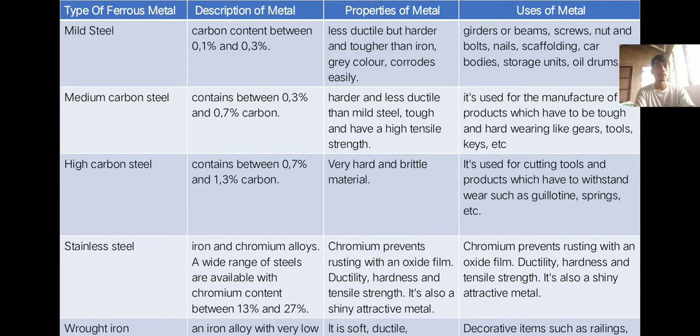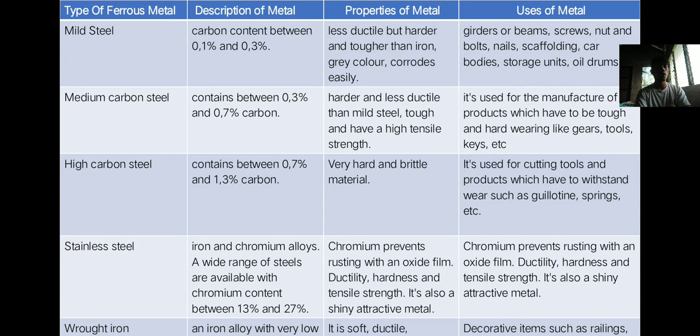So what is mild steel used for? It can be used for a variety of purposes in multiple applications. As previously mentioned, mild steel can be used for anything. It can be used for machinery parts.